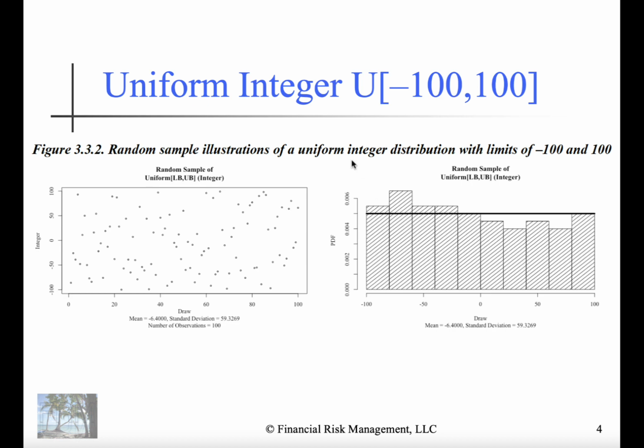If we take a uniform integer from say minus 100 to plus 100, the distribution looks very similar. And again, the PDF varies quite a bit depending on the different frequency of outcomes.